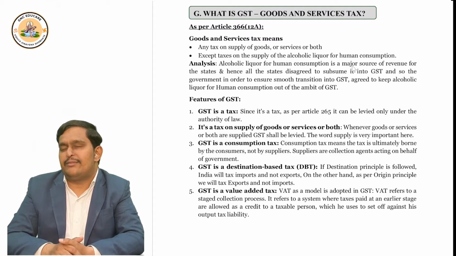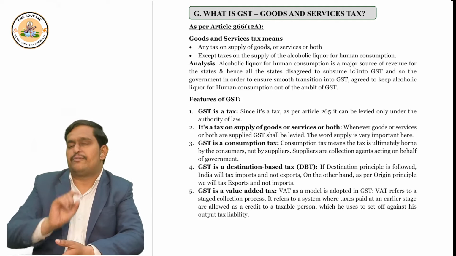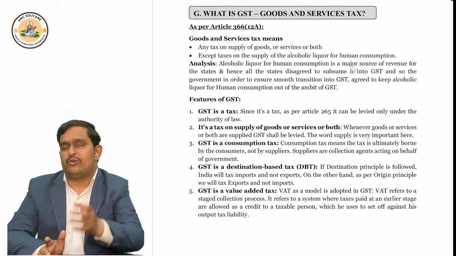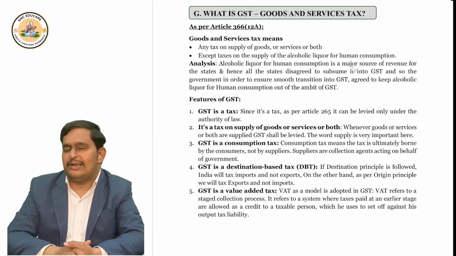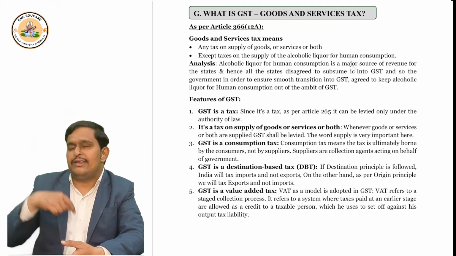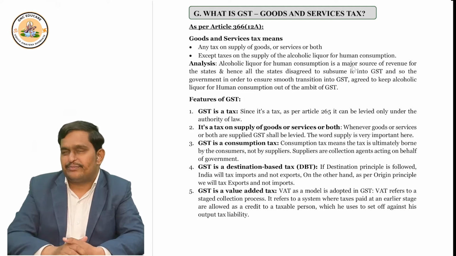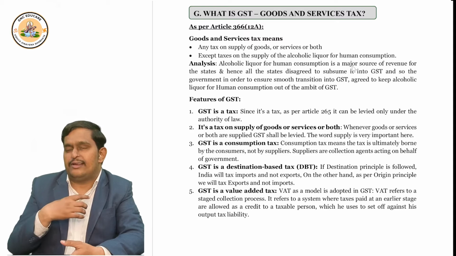GST is a destination based tax. What does this mean? There are two types of systems. One is origin based tax, one is destination based tax. Let me explain. From Hyderabad, Telangana, I am selling goods to Maharashtra. Telangana is the origin of the goods, so it's the origin state.